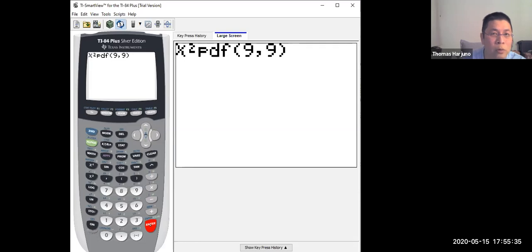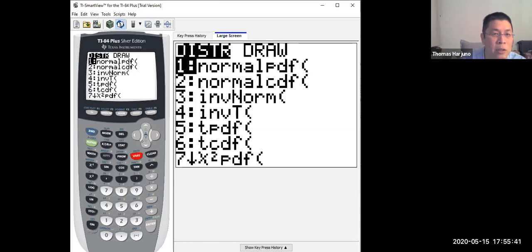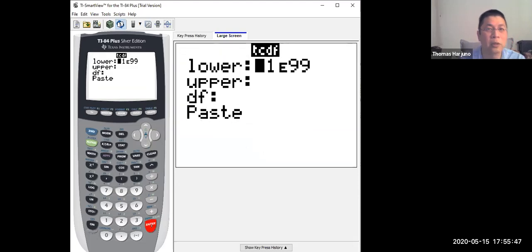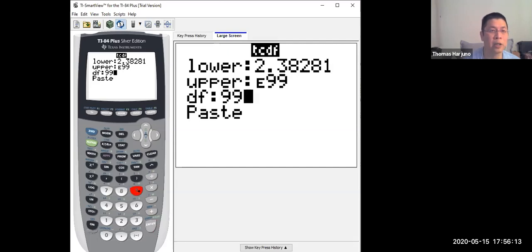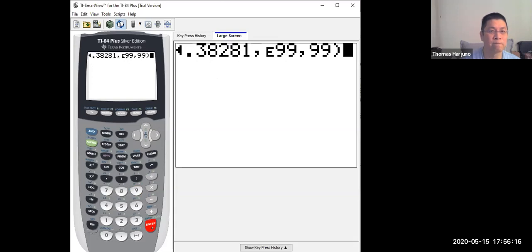This is wrong, clear. tcdf is number 6, I happened to press number 7. Enter. Now the lower fence in this case is 2.38281. The upper fence is E99, and then the degree of freedom is 99. It's one less than the sample size. Enter.